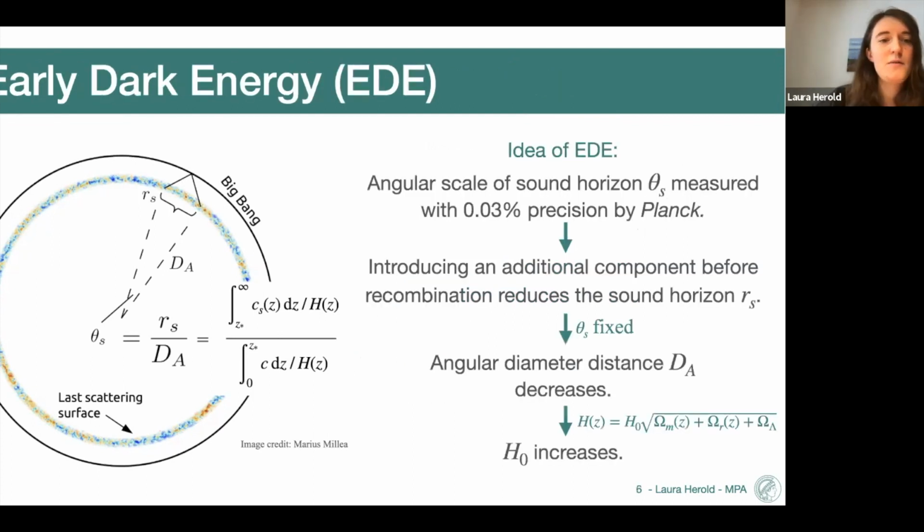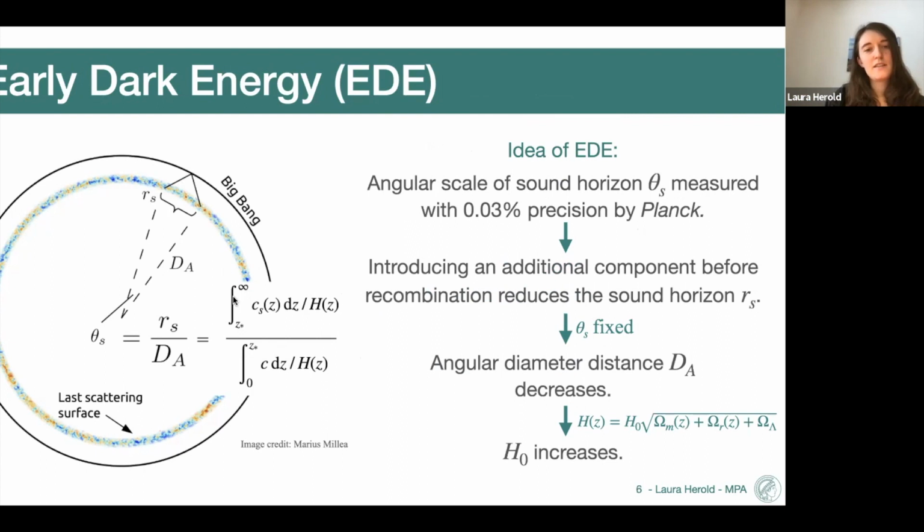So what is the idea behind early dark energy? The idea is to introduce an additional component at early times that boosts the expansion rate at early times, such that this integral here is suppressed. The integral goes from the redshift of recombination until the Big Bang.